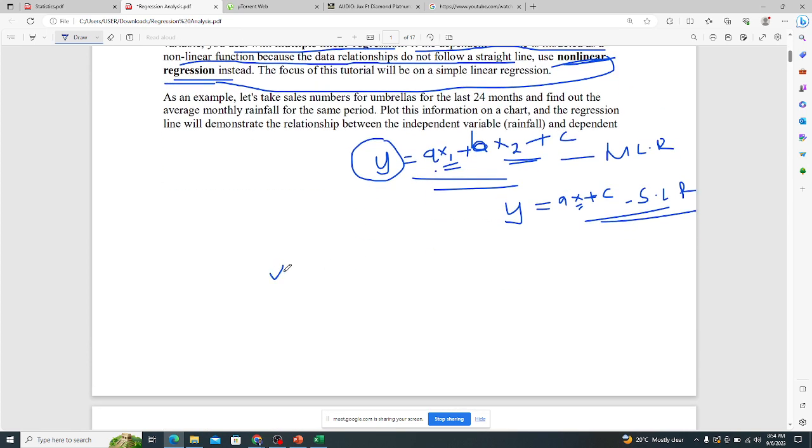For example, let's assume we have this model: y equals exponent of x.